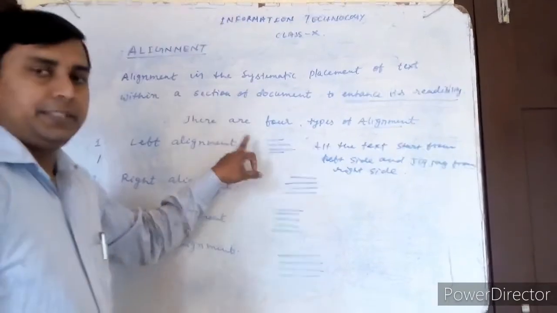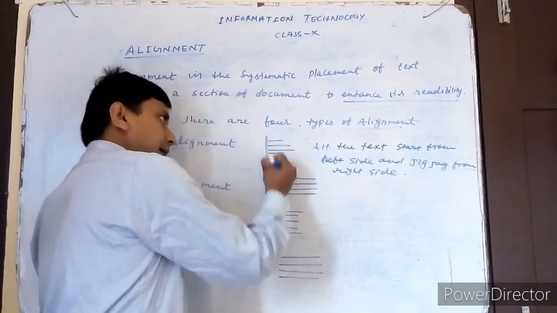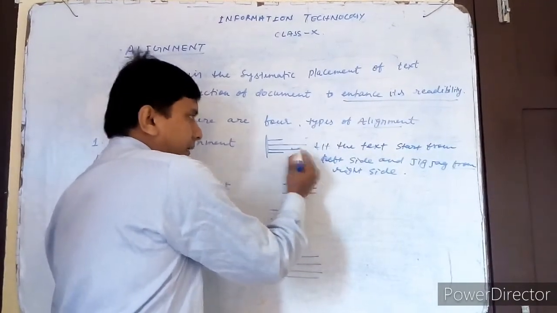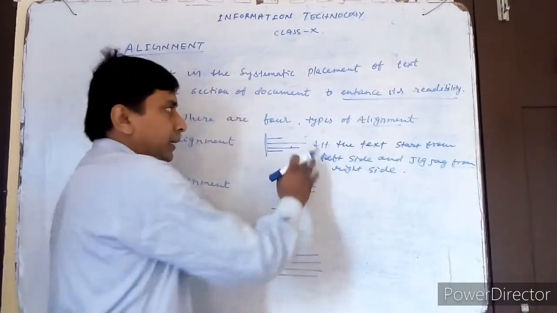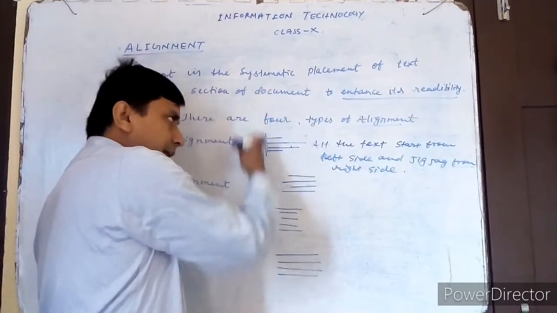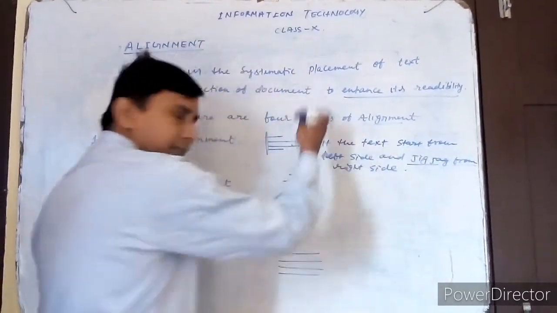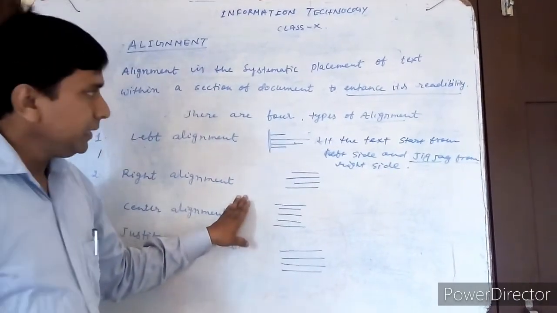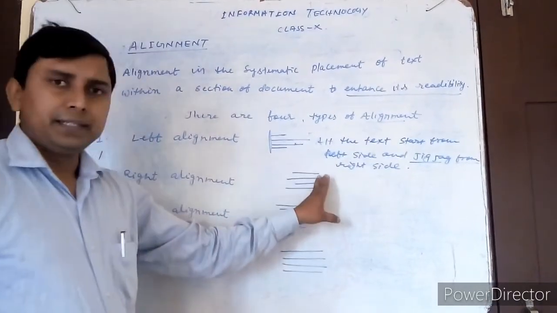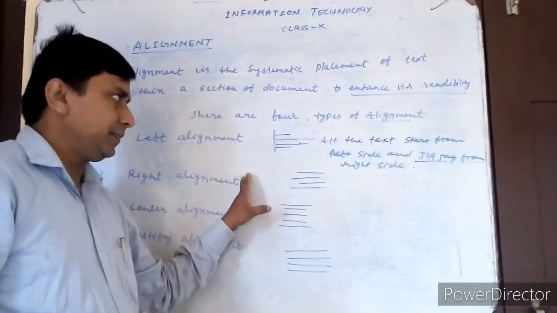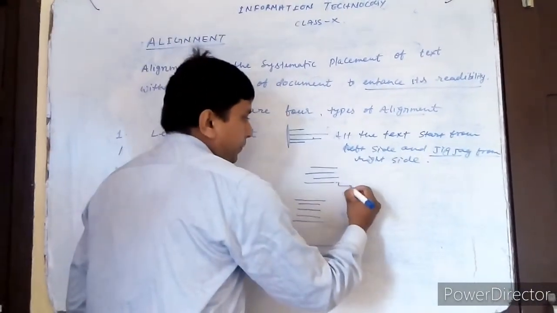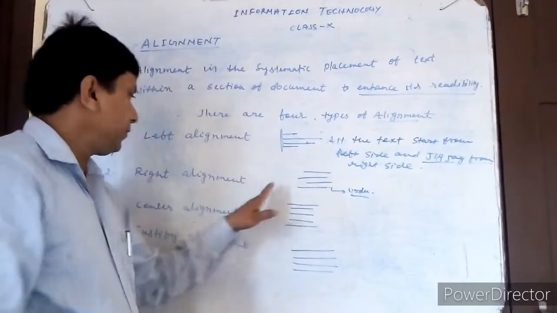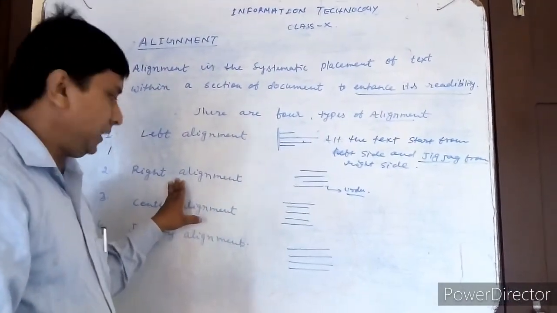For example, we start from this side and the lines may be long and short. That means on the left side it is equal and zigzag on the right side. Just opposite is right alignment. All the text starts from the right side and is zigzag on the left side. For example, if you type Urdu or Arabic, then it follows right alignment.